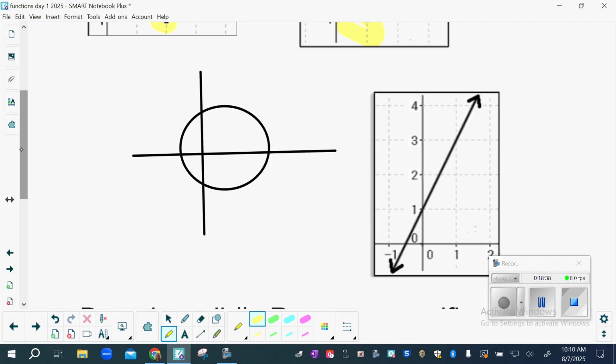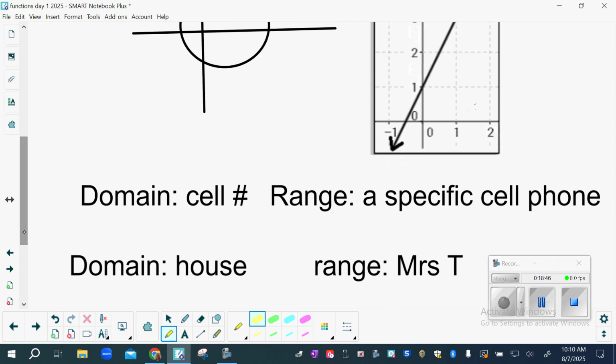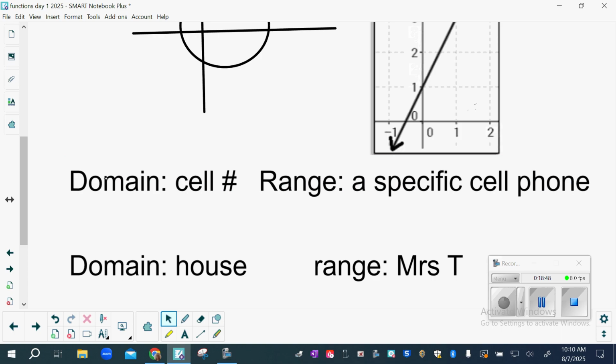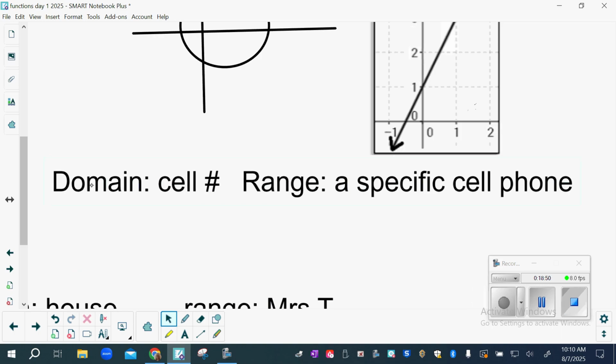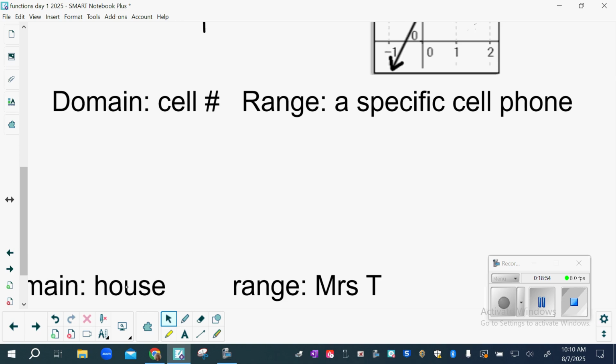Okay, I've led you down the primrose path to easiness. We're going to go big time now. Because you're like, Miss T, I'm so smart, you're making this too easy for me. So let's get into it. Let's look at this one. The domain is a cell phone number, and the range is a specific cell phone.